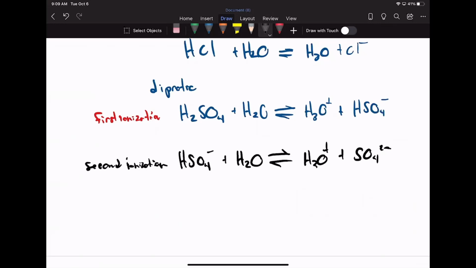Because of the second ionization, we're going to have two Ka values. We can call this Ka1, and this Ka1 for the first ionization is going to be, we'll say, 1.3 times 10 to the 3. That's the first ionization here. We can say that the Ka2 for the second ionization is 1.2 times 10 to the minus 2.